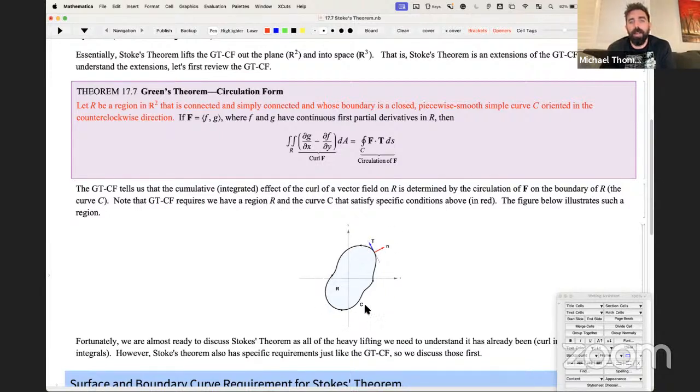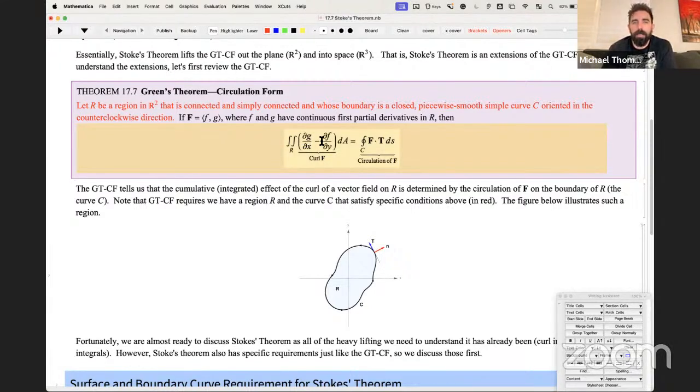So if you have this set up, by the way, the T direction would point in the direction of movement, right? And then the N direction is always to your right or outward. But anyways, if you have this set up, then this holds. This is Green's theorem.